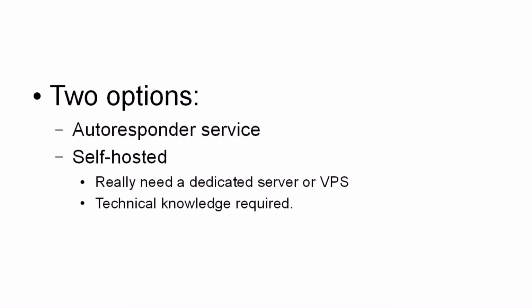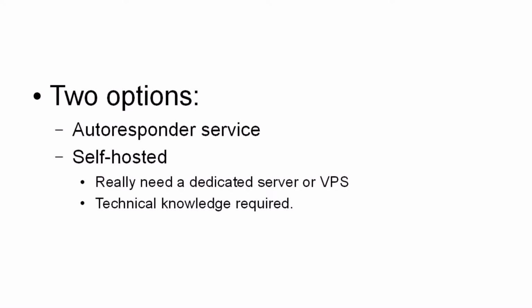Now, one thing you must bear in mind is it's easier to go from an autoresponder service to a self-hosted situation rather than the other way around, because if you have a database that's self-hosted and you decide that you'd rather have an autoresponder service, and you upload all these names and email addresses onto your autoresponder service's database, then they are going to expect everybody to opt in again.